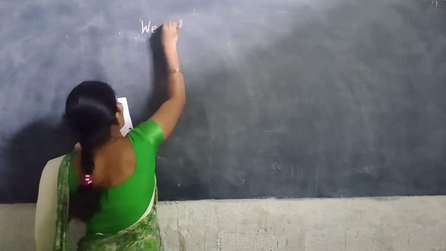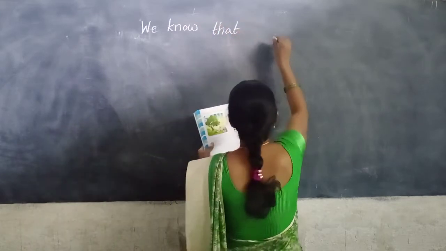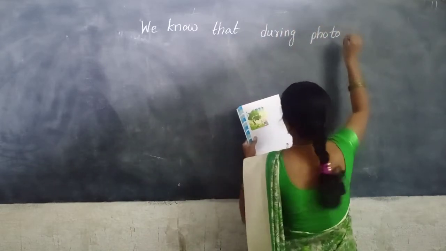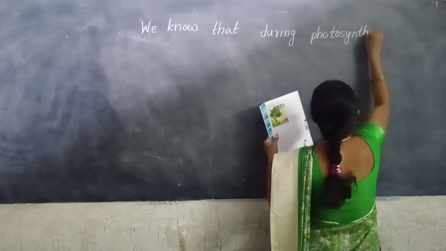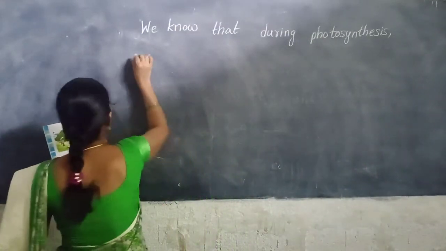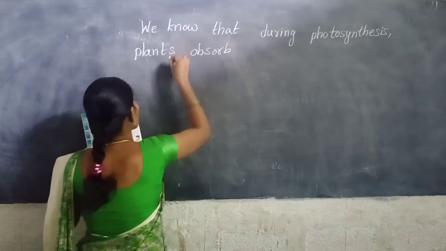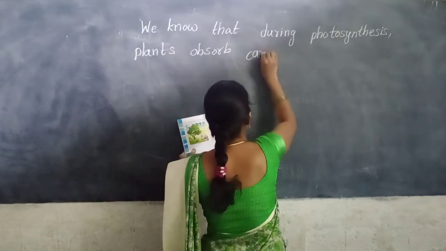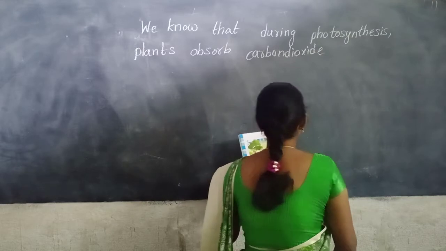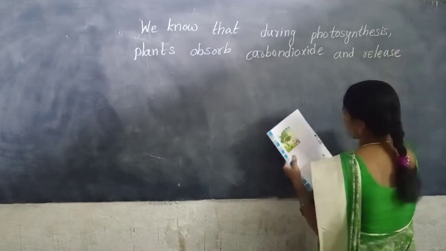We know that during photosynthesis, plants absorb carbon dioxide and release oxygen.